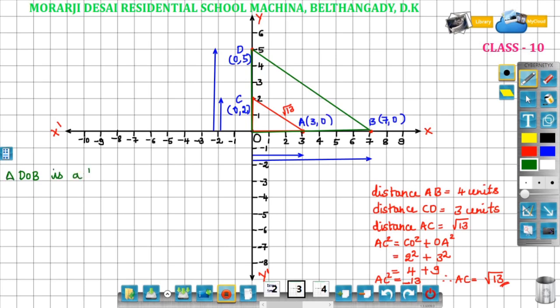So in triangle DOB, square of the hypotenuse, that is DB square, is equal to sum of the squares of the other two sides, that is DO square plus OB square.